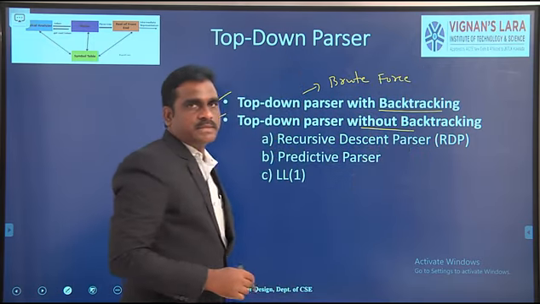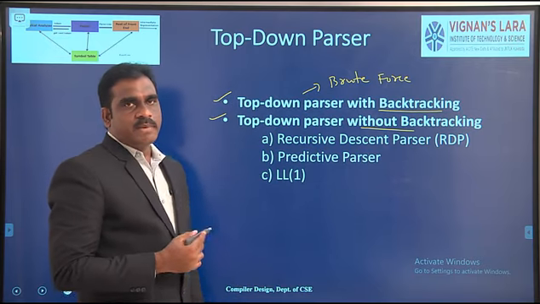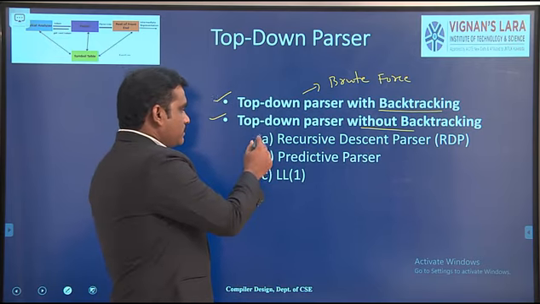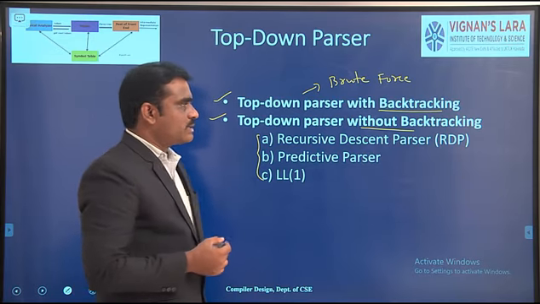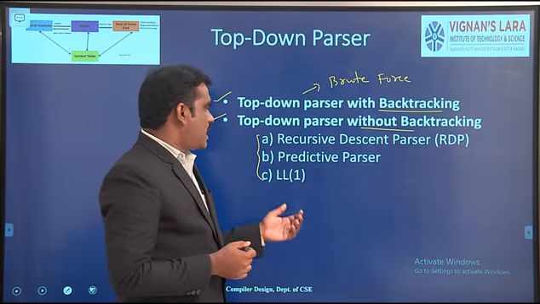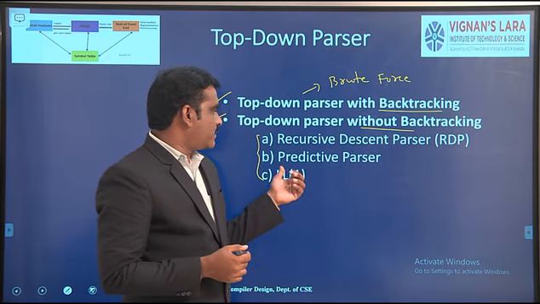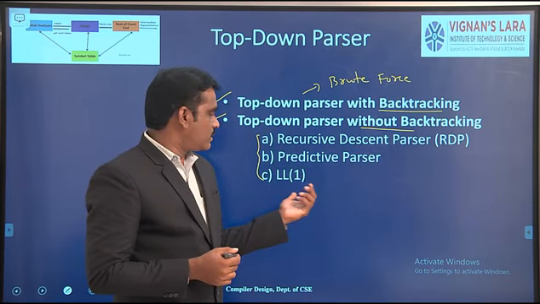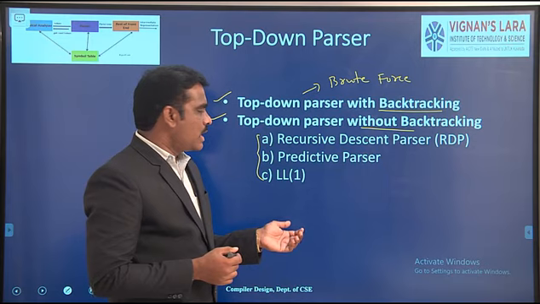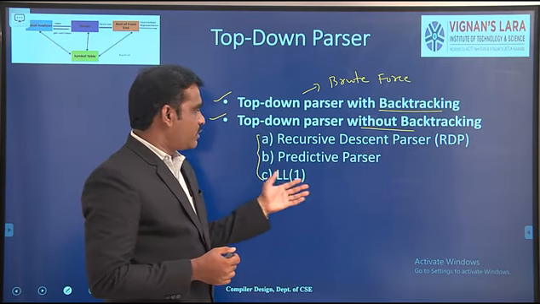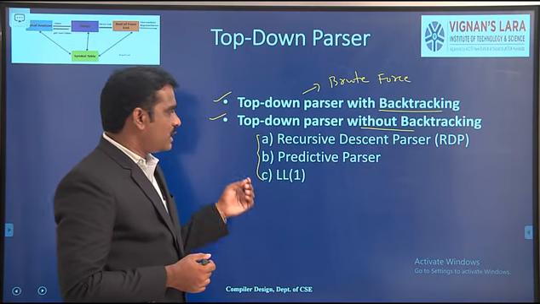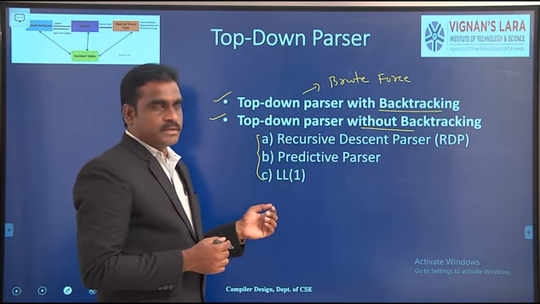Whereas in without backtracking, these are the approaches: one is recursive descent parser, RDP, second one is predictive parser, and third one is LL(1). Almost both are same, the approach is almost the same procedure. Only the last point differs.